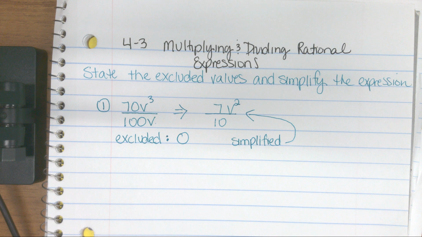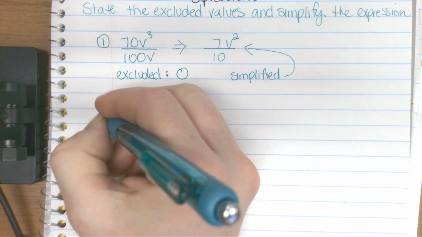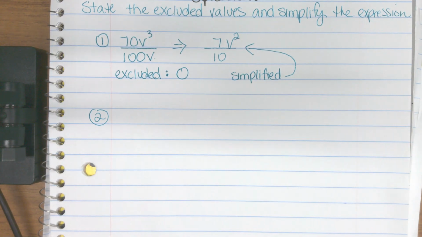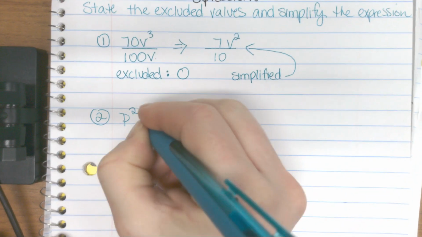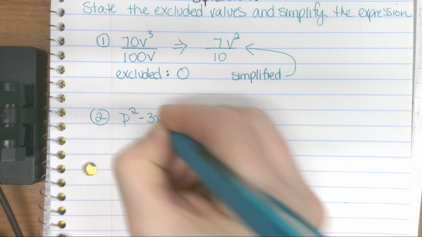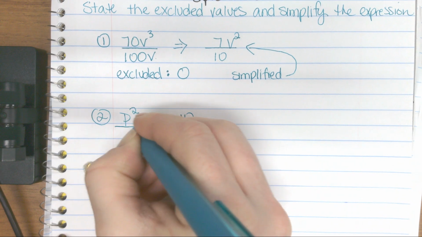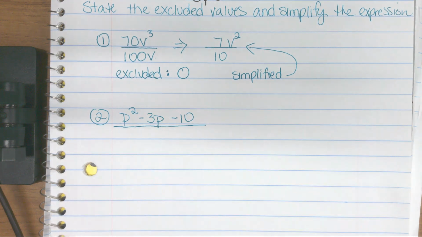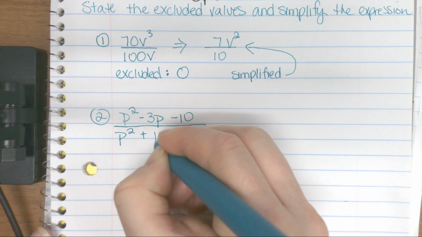Okay, let's try another one. How about if I had p squared minus 3p minus 10 over p squared plus p minus 2?